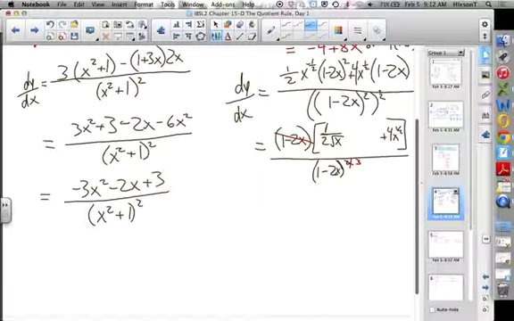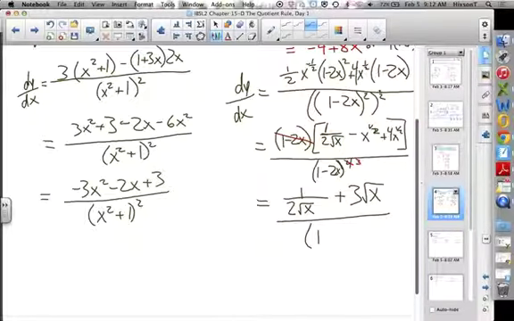And then this times a negative 2x, the 1/2 and the 2 will cancel, so I'm just going to have minus 1 root x. x to the negative 1/2 times x is x to the positive 1/2, and now you see you can combine these like terms. So we have 1 over 2 root x plus 3 root x all over 1 minus 2x to the third.